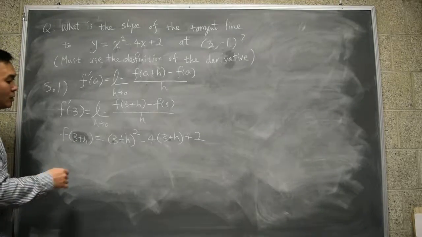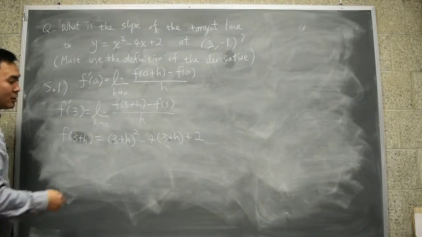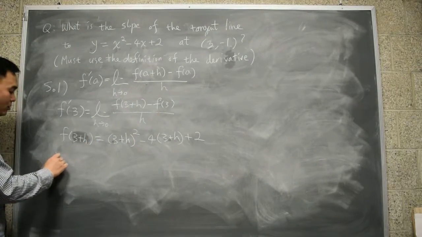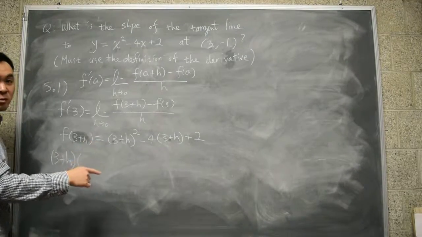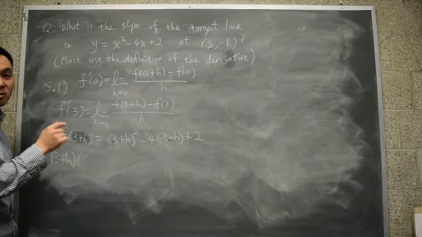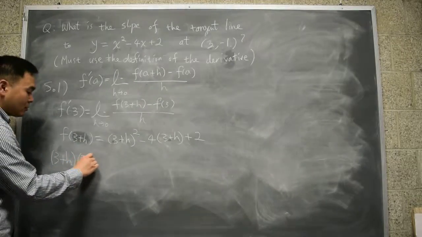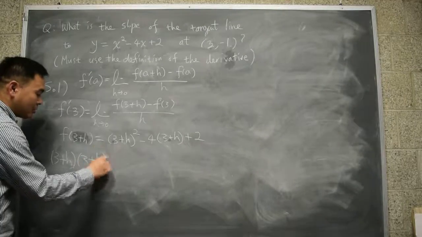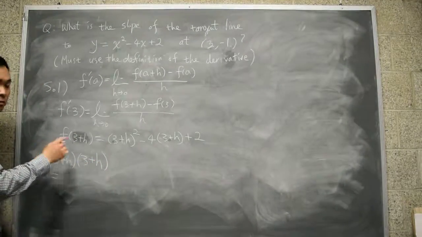Okay? All right, and then that means we have to simplify 3 plus h squared. Now, hopefully you know how to expand binomials. There's a formula which says a plus b squared is a squared plus 2ab plus b squared. If you know that, that will be great, and you'll be able to solve this much faster. If you don't know, then you're stuck with FOIL.